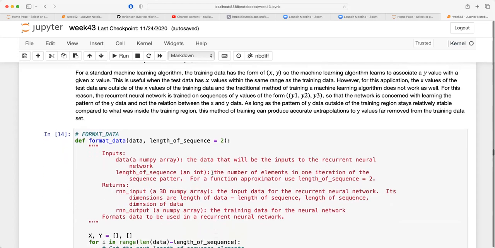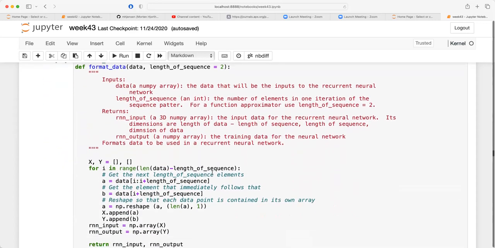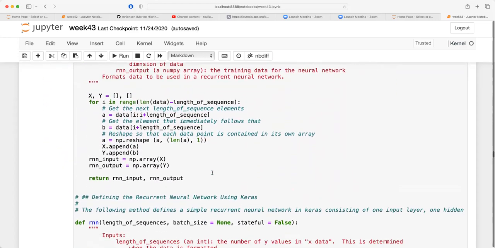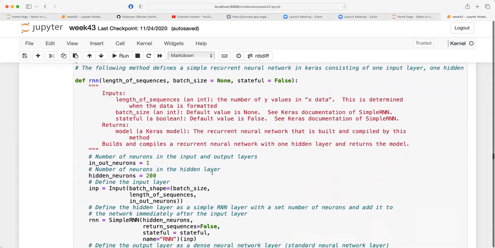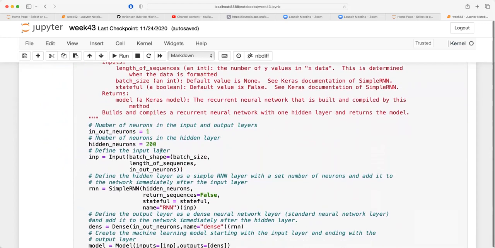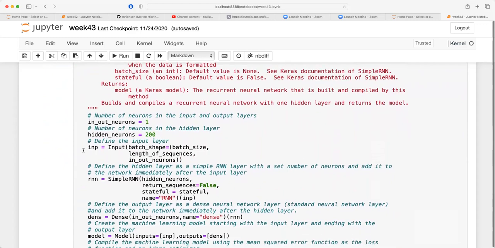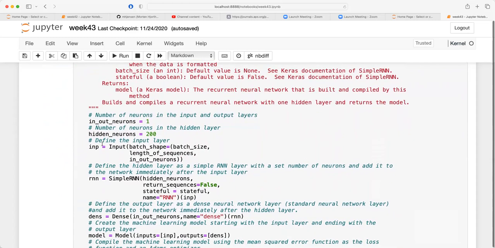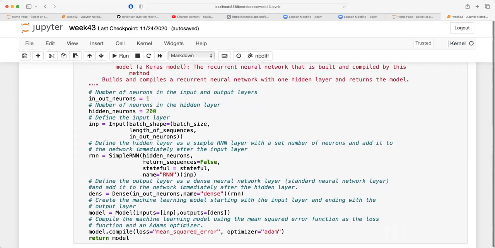In this particular case, there is a reshuffling of the data. The typical way you would set up the hidden layers is something like this. You have just one input and one output neuron. I define 200 hidden neurons, and the simple RNN here has 200 hidden neurons.